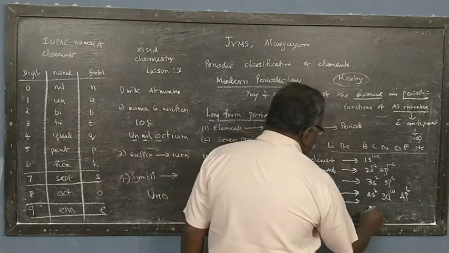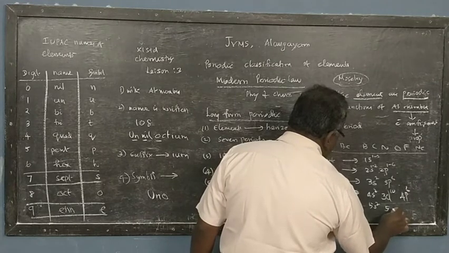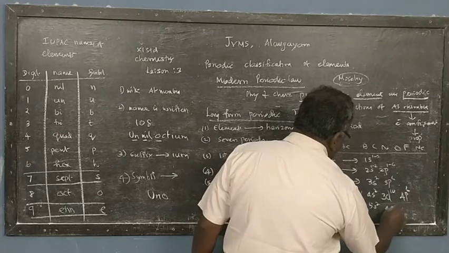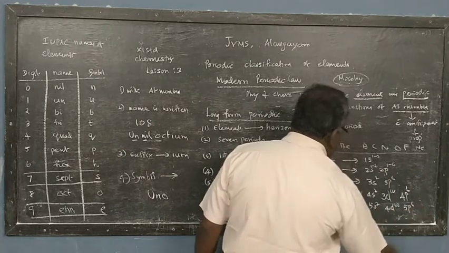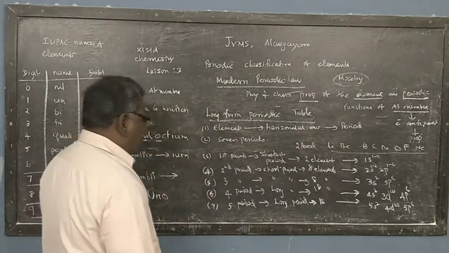Here it is 5s2, 4d10, and 5p6. It has 18 elements.